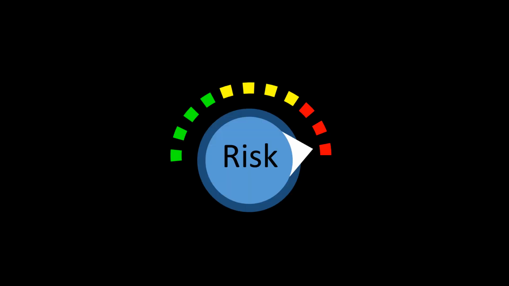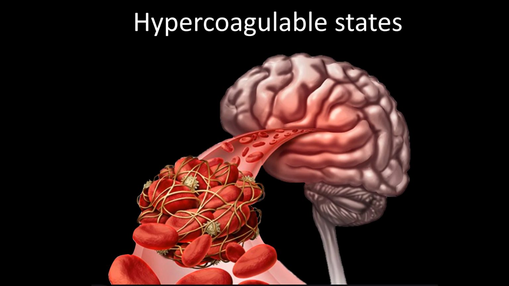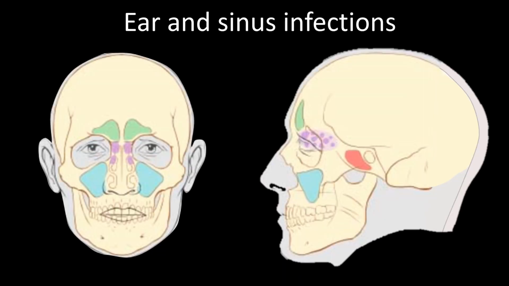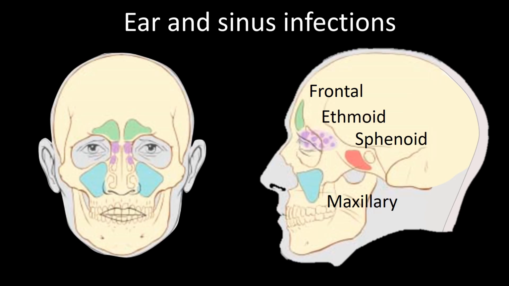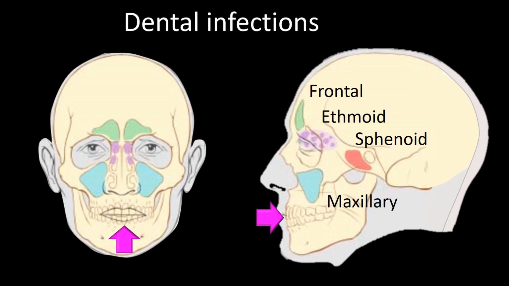Risk factors for cerebral venous sinus thrombosis are hypercoagulable states and ear and sinus infections. Infections involving the paranasal sinuses, frontal, ethmoidal, sphenoidal, and maxillary, can lead to cerebral venous sinus thrombosis. So can dental infections.